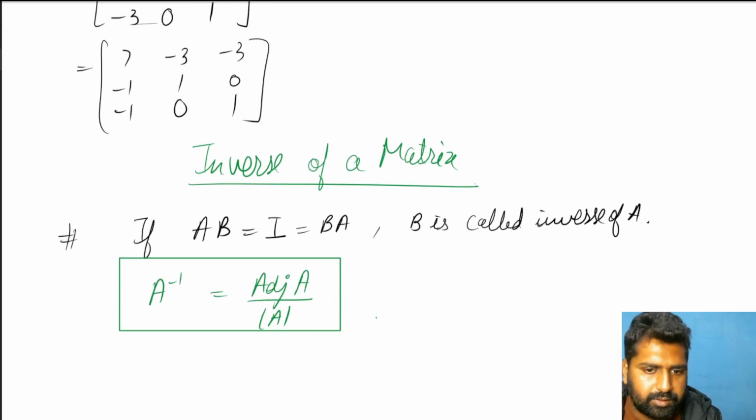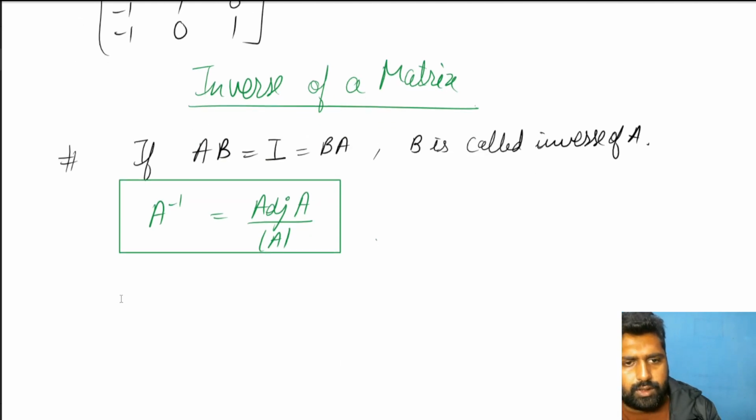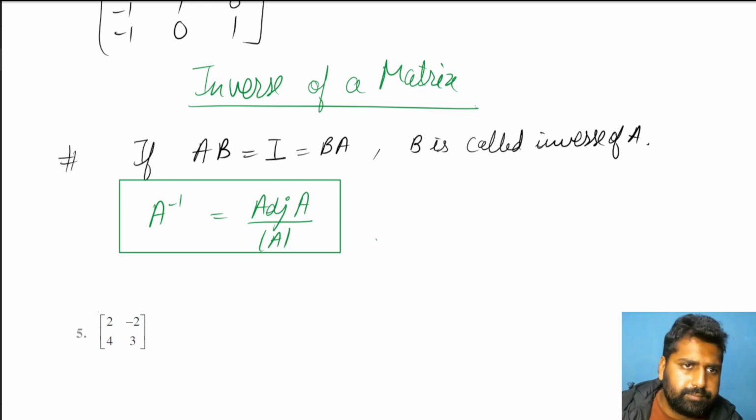Let's take one example for a 2 cross 2. Let's calculate for a 2 cross 2, then we'll calculate for 3 cross 3.